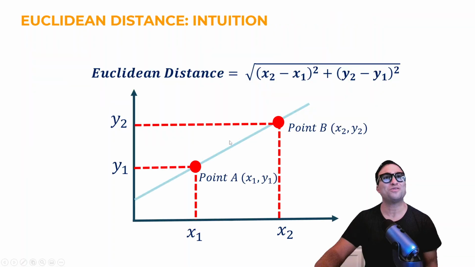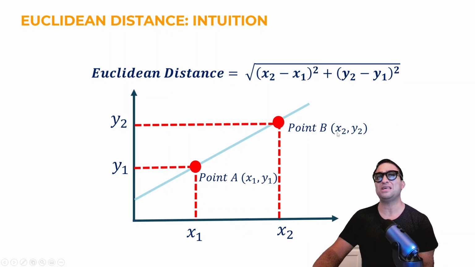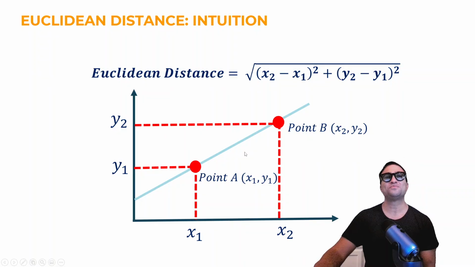Actually, let me show you what I mean by Euclidean distance first. It's pretty simple. Let's say I have two points: point A with coordinates x1 and y1, and another data point, point B, with coordinates x2 and y2. If you want to calculate the Euclidean distance between the two, all you need to do is the following.